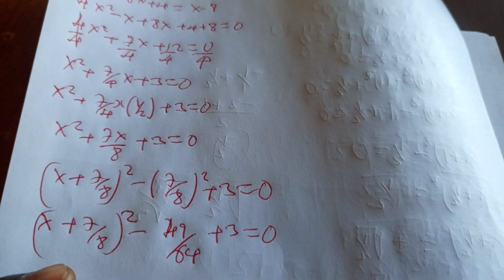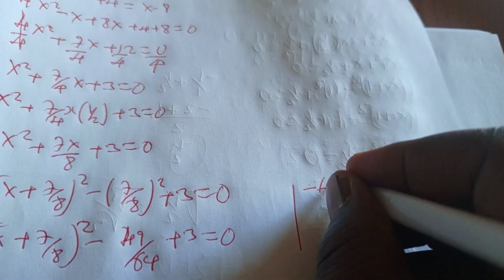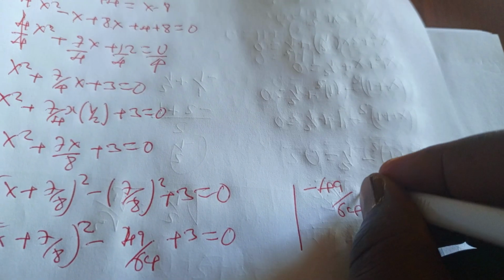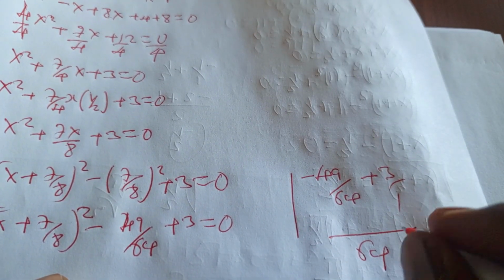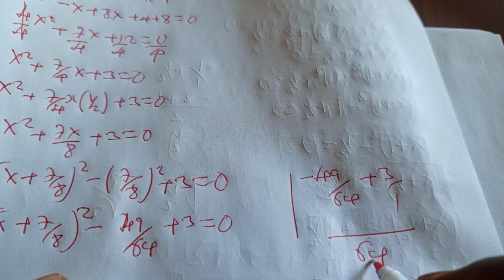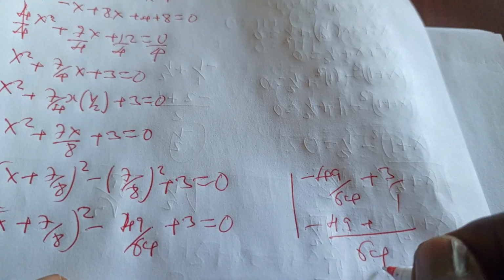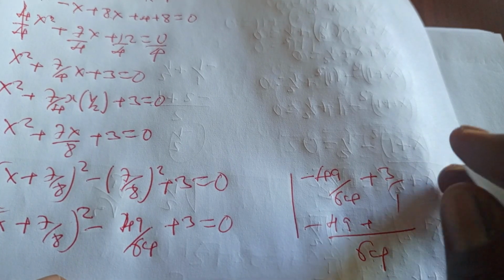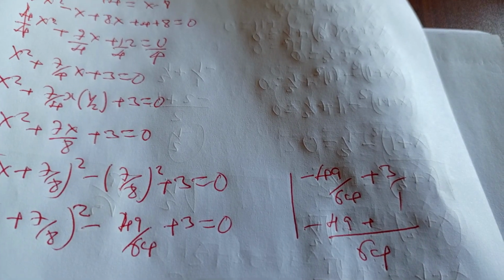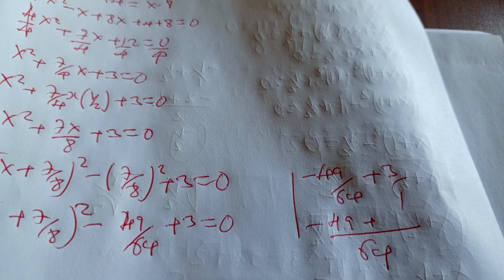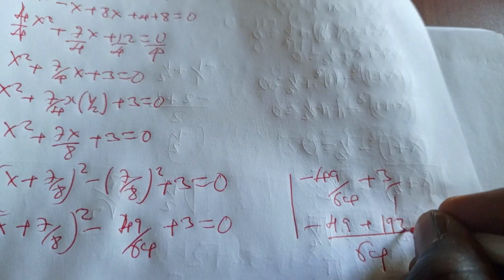Here now, we subtract: negative 49 over 64 plus 3 over 1, with common denominator 64. This into this, which is 1 times this one, gives negative 49, plus 64 times 3, which is 192.